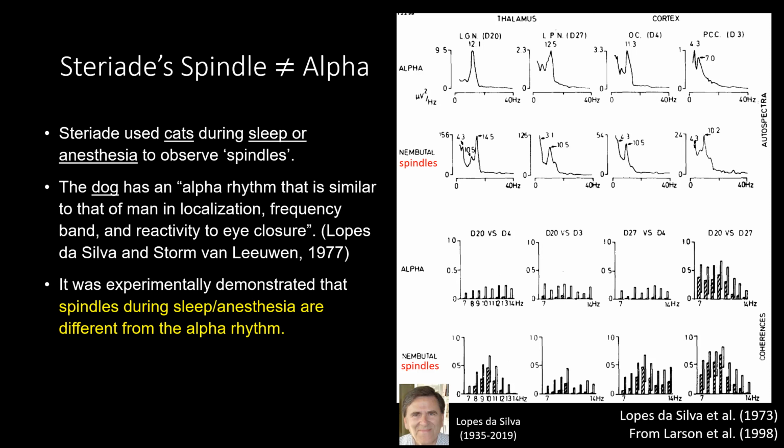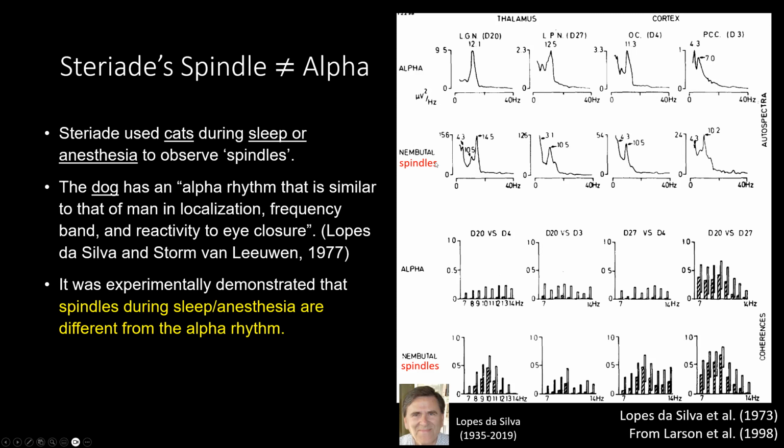And also, this spindle phenomenon was mainly studied during sleep or anesthesia. But the alpha rhythm during sleep is not very dominant, right? Sleep or anesthesia is associated with a very low consciousness level, but usually alpha is observed during the awake state. So those are two different experimental situations, and in fact, when the authors compared the actual recordings of alpha and spindles from the thalamus and cortex, they showed different peak frequency powers.